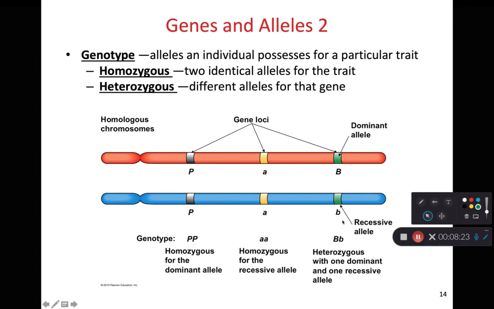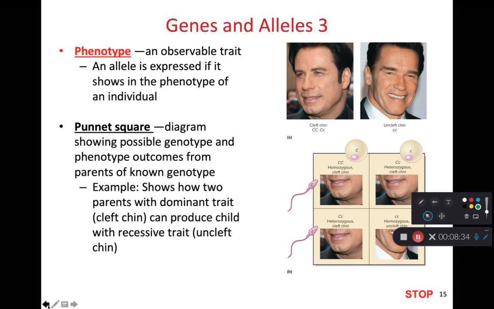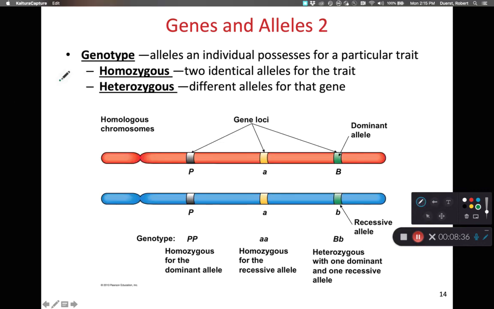So as we look at genotypes, our genotype is a way of describing the individual alleles that an individual has for a specific trait. If they have two of the same alleles, we call them homozygous. You could be homozygous dominant and have two dominant alleles, one from mom, one from dad. You could be homozygous recessive and have a recessive allele from mom and a recessive allele from dad.